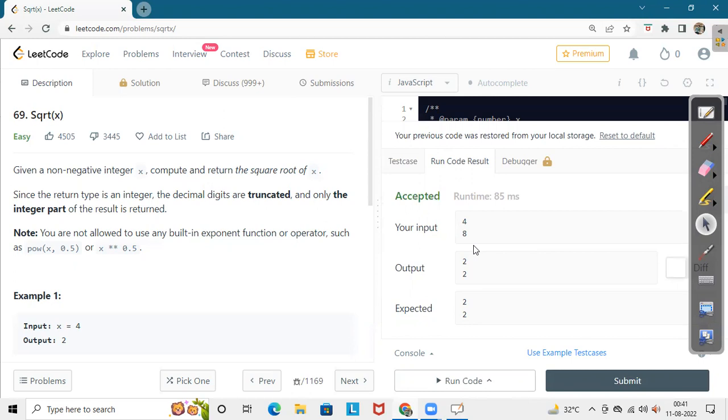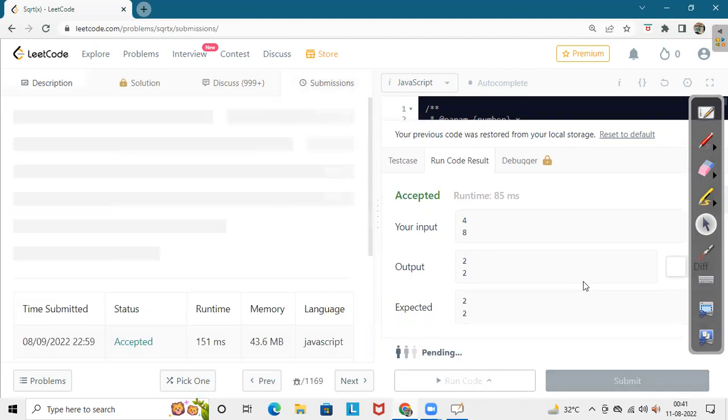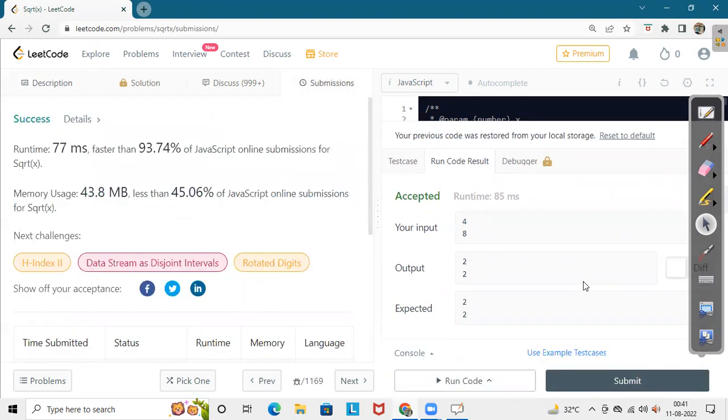Now we can submit the code and check whether the code is working nicely or whether I have to change it. It is accepted, and it is faster than 93% of JavaScript solutions.